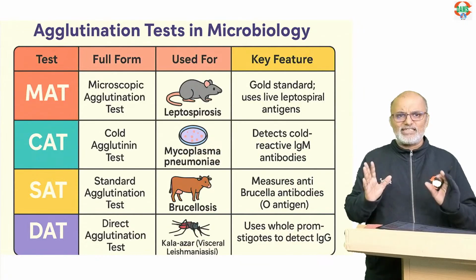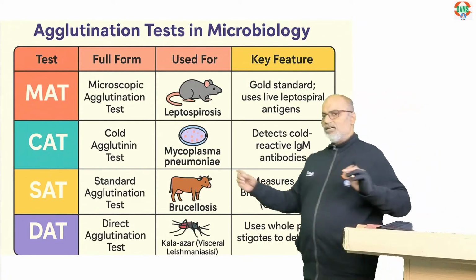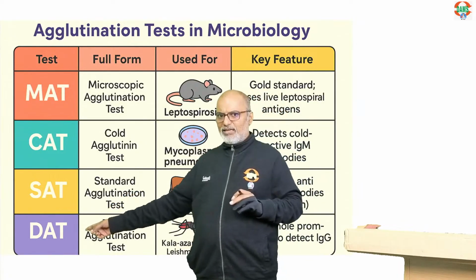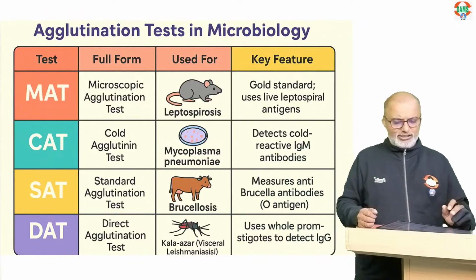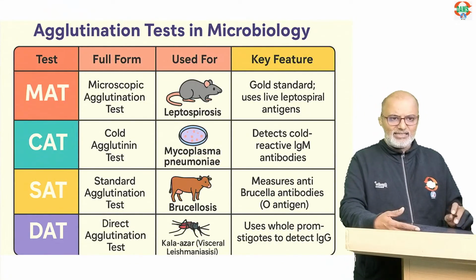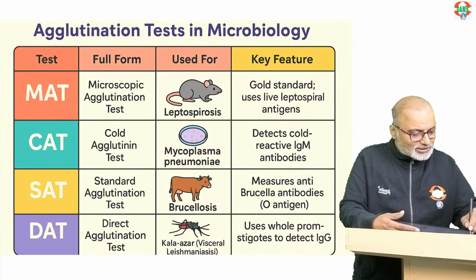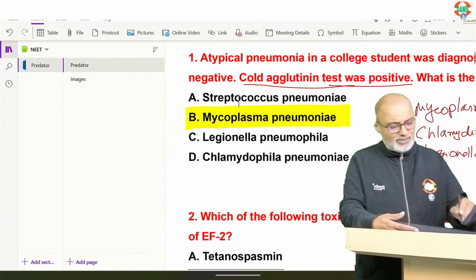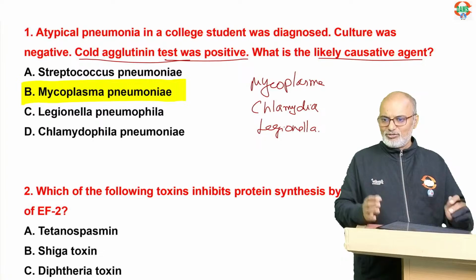Standard agglutination test, SAT, is for brucellosis, to know the brucella antibodies. Fourth one is DAT. You can go for direct agglutination test for leishmaniasis, Kala-Azar. So you should know about MAT, CAT, SAT, DAT, everything. First of all, you should know the name of the test and the specific diagnostic agent. That correlation you must know.